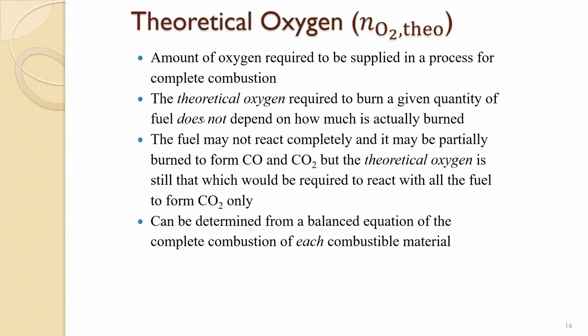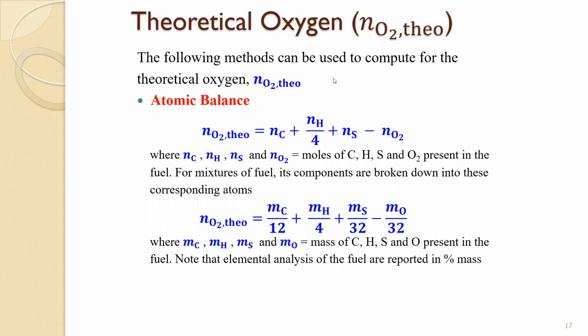So what it depends on is, what do I need to burn? Okay, my theoretical oxygen is based on what I'm burning, not on how much is actually burning. And then the fuel may not react completely and it may be partially burned to form CO and CO2, but the theoretical oxygen is still that which would be required to react, right? And can be determined from a balanced chemical equation.